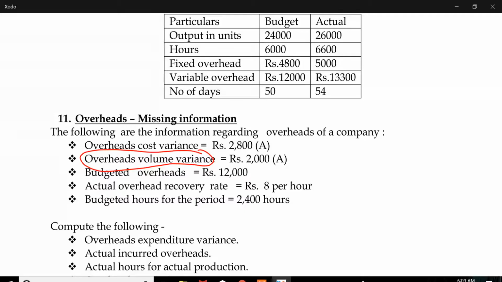Question number 11, overhead volume variance. Overhead volume variance is given in the question, and hence this would be interpreted as fixed overhead variances.